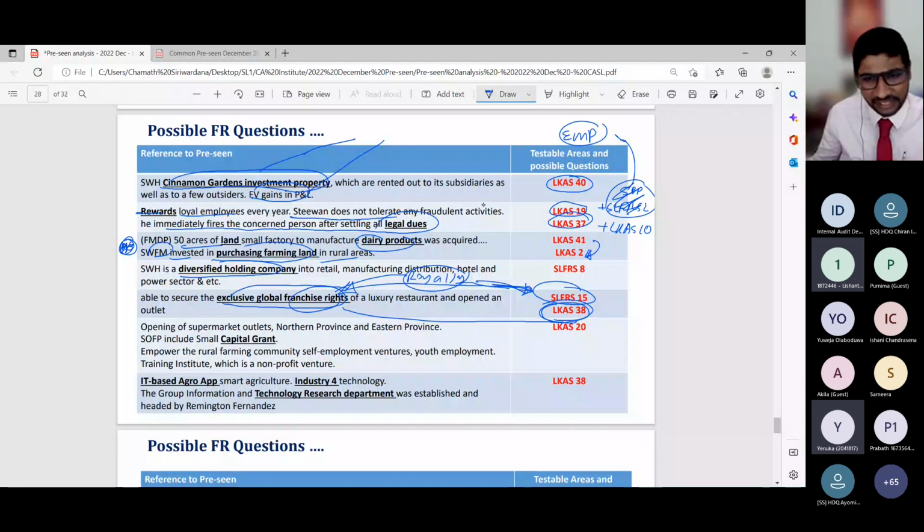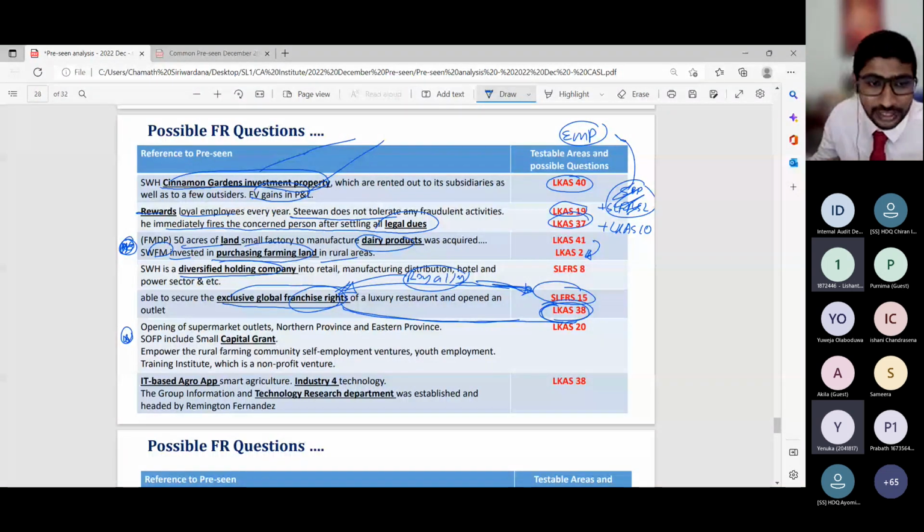Anyway, then this one, I guess, is somewhat important, an area you have to pay focus on. You can see in the entire pre-seen they are talking about how they have gone to the northern areas and the eastern province, and they have set up some supermarkets. They are into the rural farming community. They have given some training to the farmers. They are giving some employment opportunities, and they are providing some advisors, and they have a training institution as well.